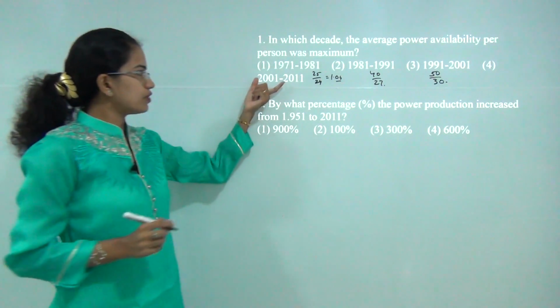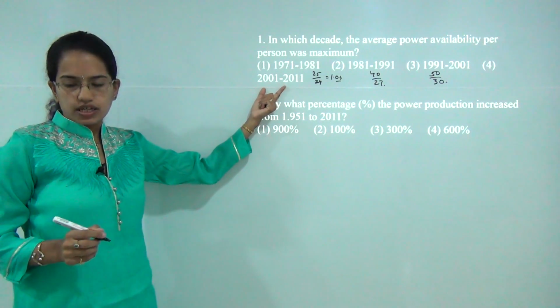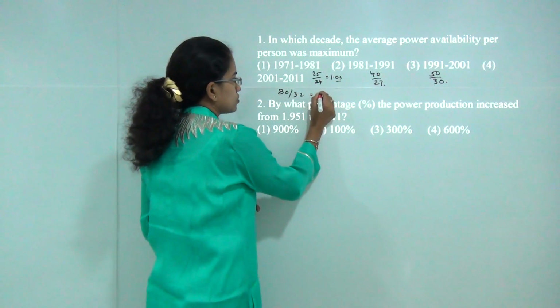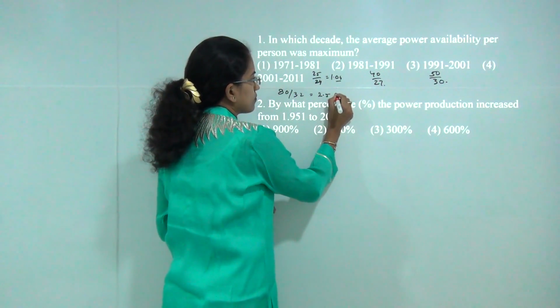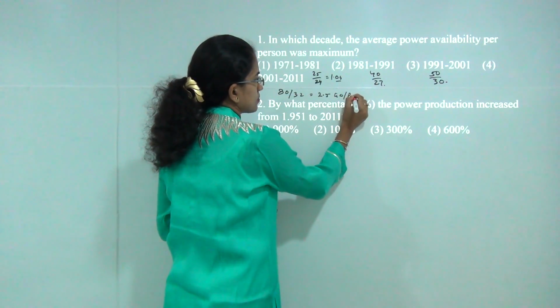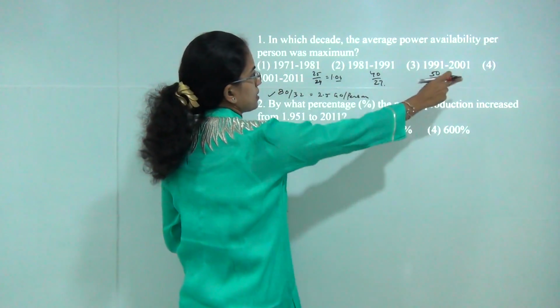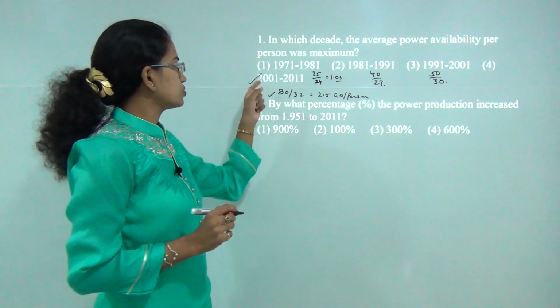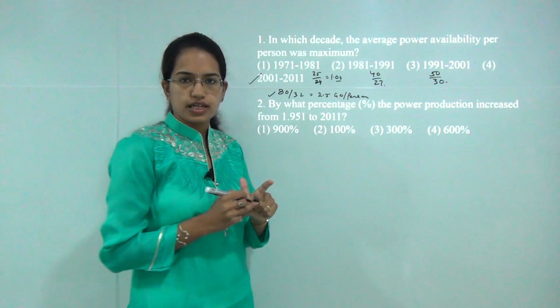And finally for 2001 and 2011 it was 80 by 32, which gives you 2.5 gigawatt per person. And this is the highest among all. So we can say 2001 to 2011 is the correct answer.